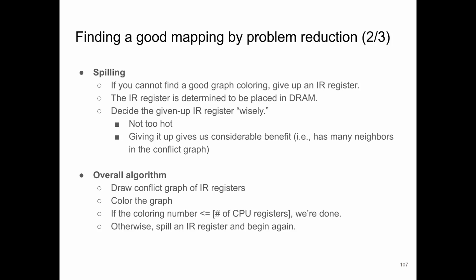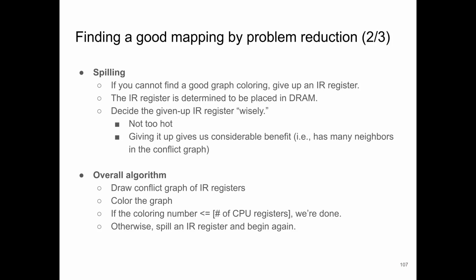That procedure is usually called spilling. So you're going to just pick one IR register and determine that this should be placed in DRAM. We are not going to place this into the CPU registers. So it should be stored in the DRAM, and it will be loaded only when it is necessary to do so.